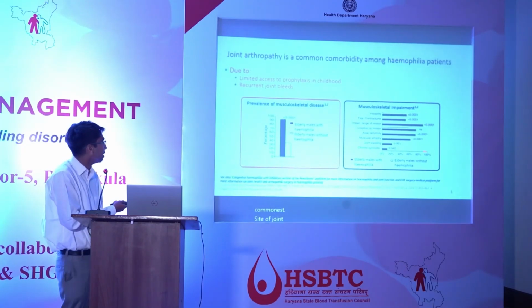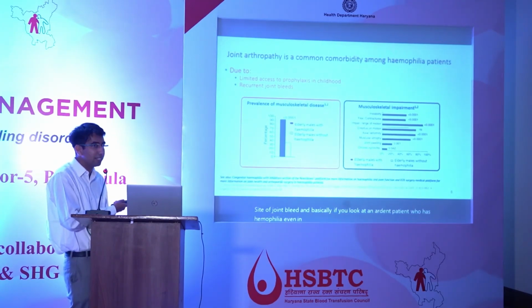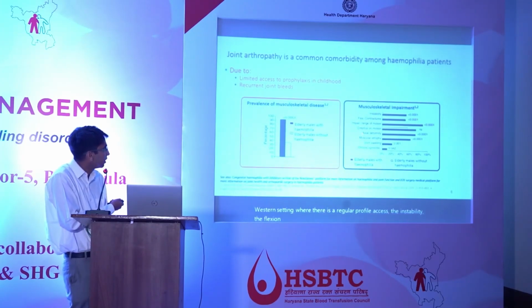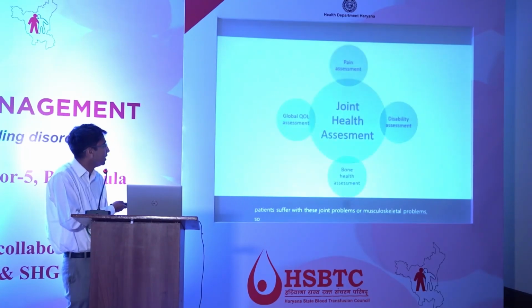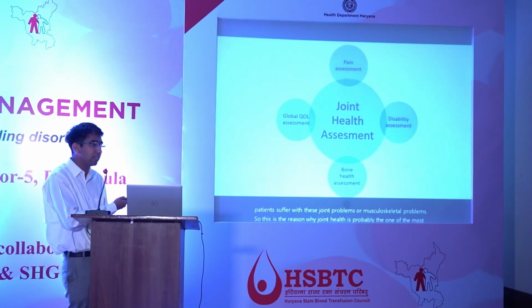And if you look at an adult patient who has hemophilia, even in the Western setting where there is regular prophylaxis access, the instability, the flexion contractures, the crepitus, the axial deformities, the muscle atrophy, almost more than 50% of all adult patients suffer with these joint problems or musculoskeletal problems. So this is the reason why joint health is probably one of the most important issues in the life of a person with hemophilia.